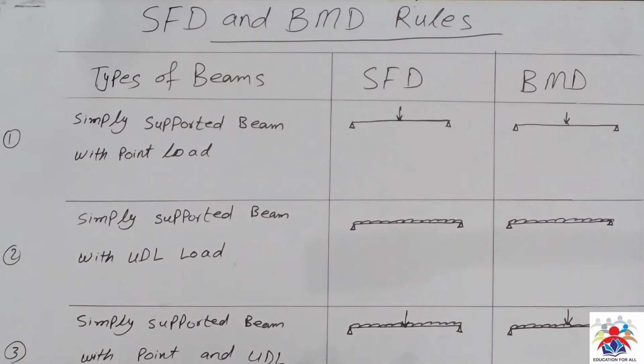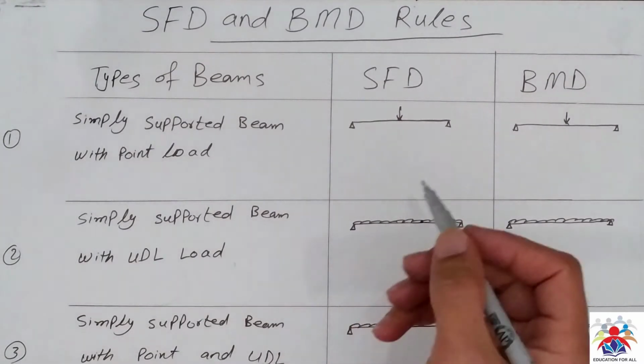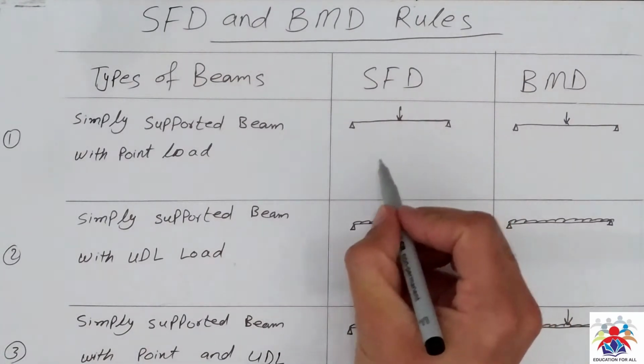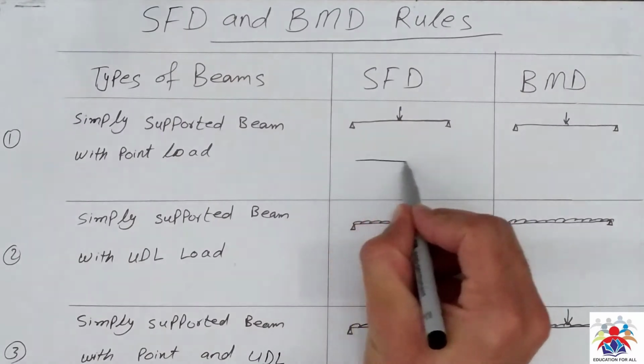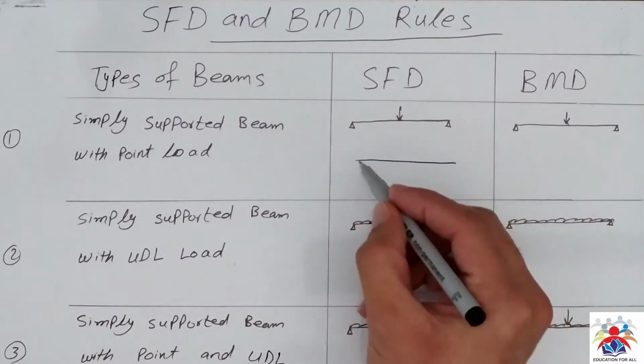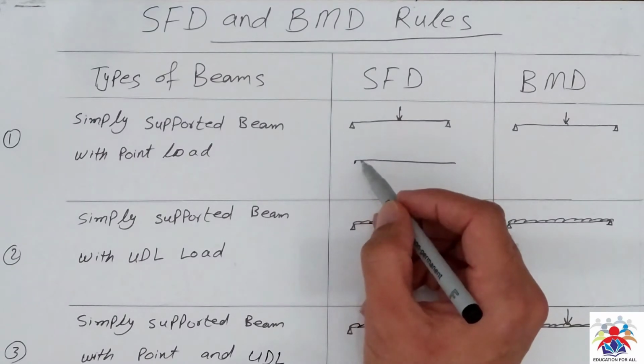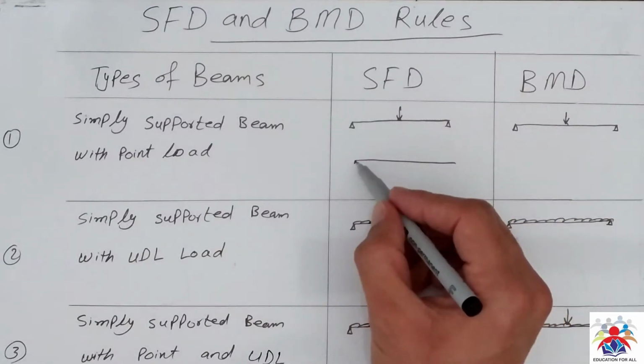If we have our beam something like that, how would our shear force diagram look and what would be the lines which we will use? For example, in a simply supported beam with point load acting in the middle, our diagram would be something like that. This is our beam, and this is our reaction. Obviously, we will have to calculate the reaction, which we will do in our further videos.